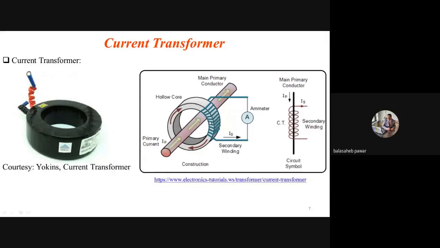Now remember, one law is there. That law says that whenever current flows through a coil, a flux gets generated around that coil, or if a coil cuts the flux, a current gets induced in the coil.